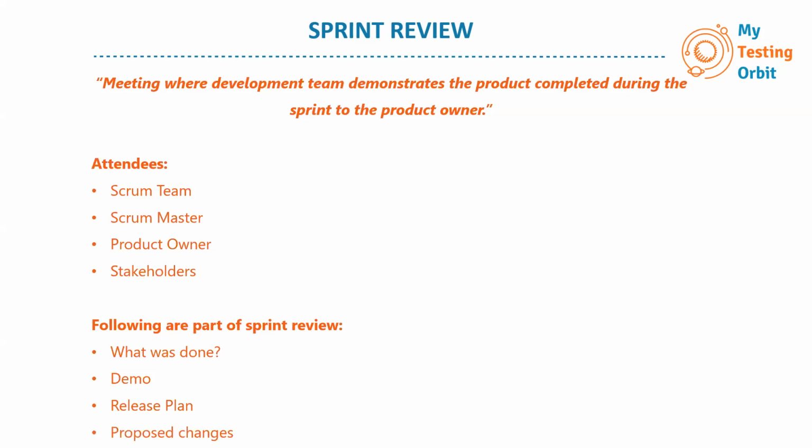And also proposed changes. The product owner and stakeholders go through the demo, they can propose any changes if needed, and they can also change the priorities of the coming features. Maybe in the backlog there are a few features which already have a set priority, but based on the sprint review, they might change it.